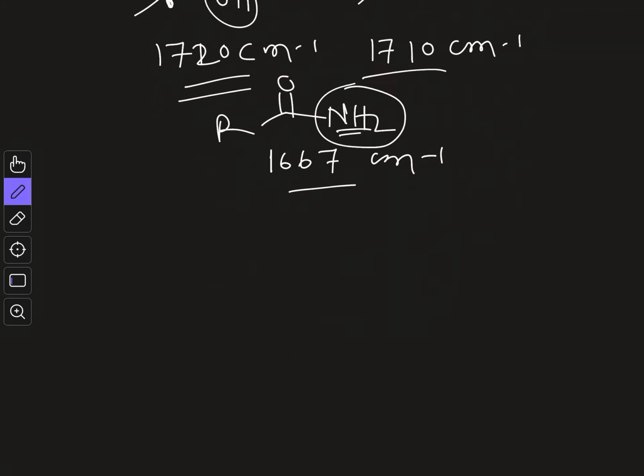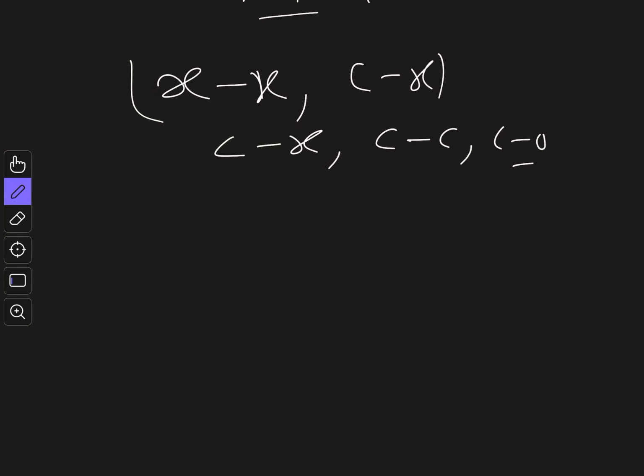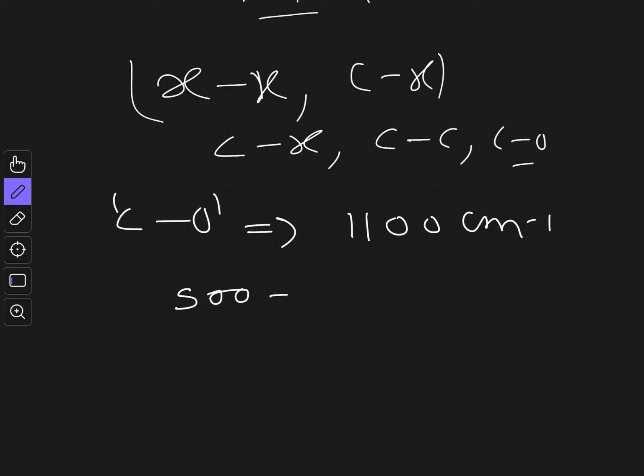Now let us talk about the third region, the XX bond or CX bond, that is the single bonds other than XH single bonds, like the C-halogen bond or CC bond or CO single bond, all these things. Here the CO is the bond which comes at the highest stretching frequency, at around 1100 centimeter inverse, and in general this region falls from 500 to 1400 centimeter inverse.